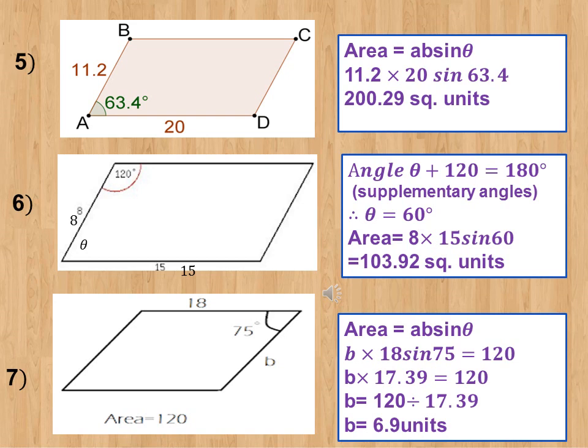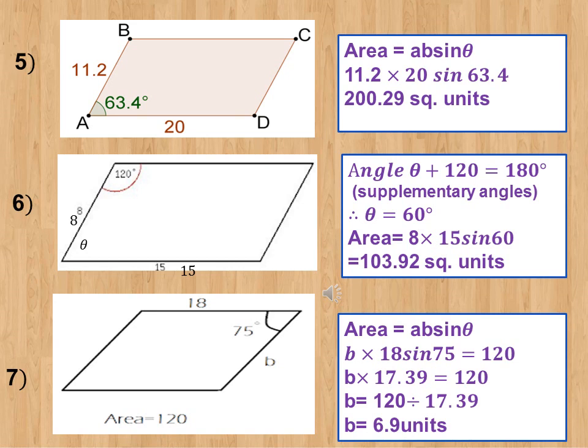Example 7, we have the area given, an angle of 75 degrees, and one of the sides of that angle is 18. Now we want to find the length of B, the other length that makes that angle of 75 degrees. So we just plug in what we have, and then we find out what is missing.